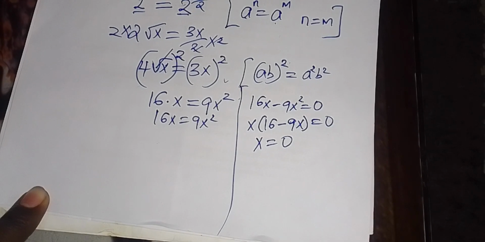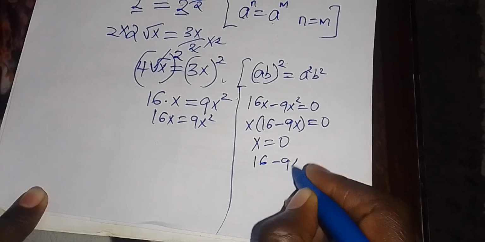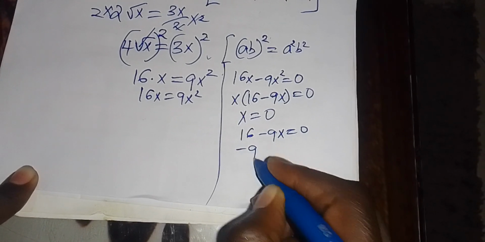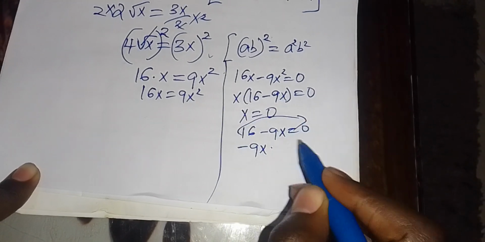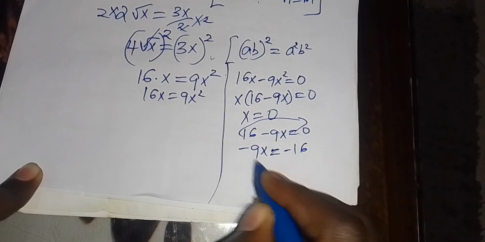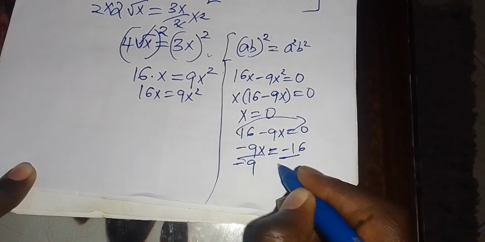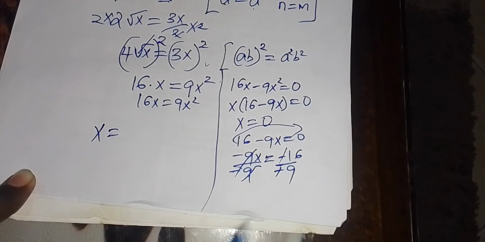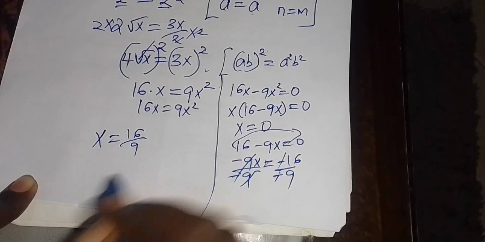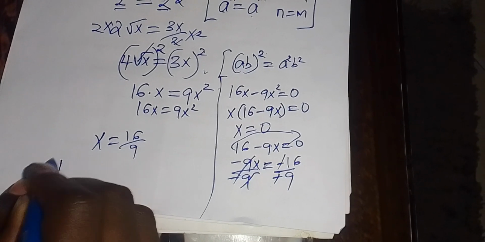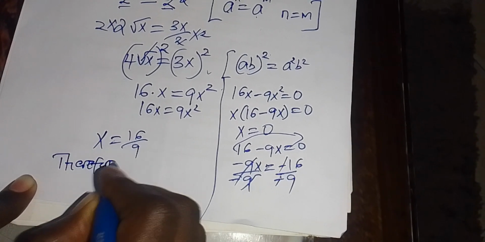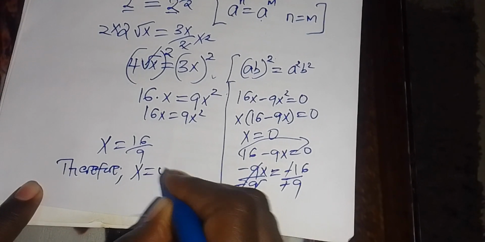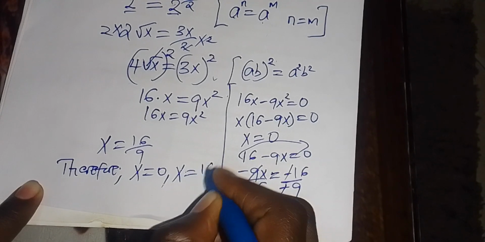For the second value, 16 minus 9x equals 0, so you take 16 the other side to get minus 9x equals minus 16. Divide both sides by minus 9, so that x is equal to 16 over 9. Therefore we have two possible values of x: the first x is equal to 0 and the second x is equal to 16/9.